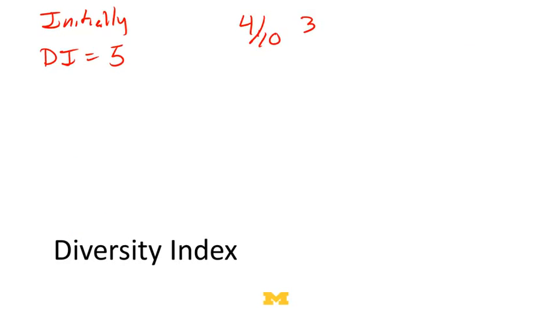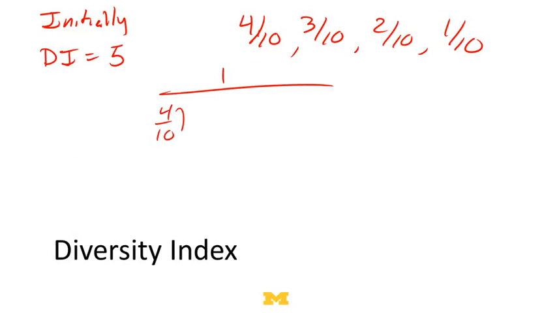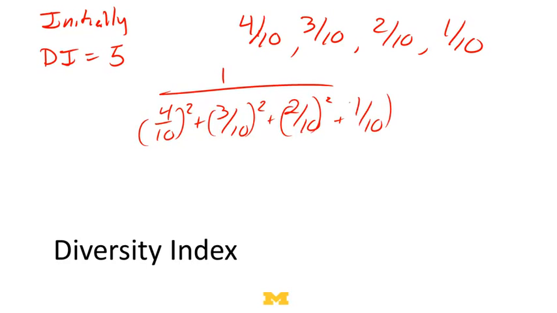So let's go back and compute the diversity index. Remember, initially we had a diversity index equal to 5. Now we've got 4/10, 3/10, 2/10, and 1/10. So how do we compute the diversity index? We just take 1 over (4/10) squared plus (3/10) squared plus (2/10) squared plus (1/10) squared.